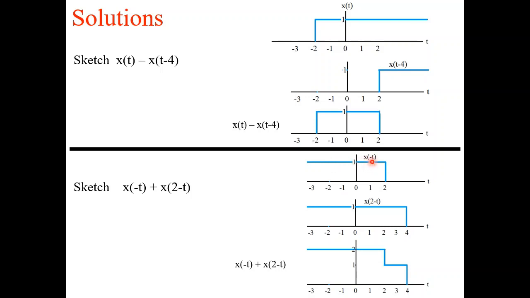This is just a simple time reversal of this function here, so we just flip it around the y-axis. This is x of 2 minus t, and for this one, it's not only a time reversal, but it's shifted to the right by 2. Then when we add these two together, we get this stair-step shaped function here. So this is our final answer to the second activity.